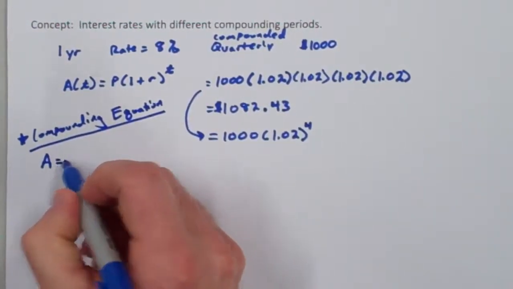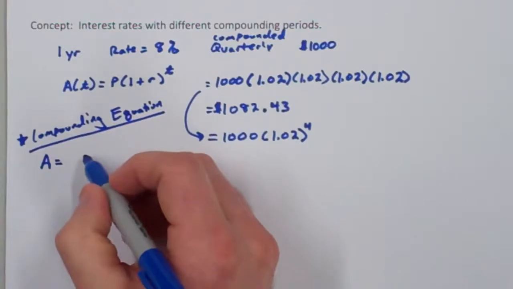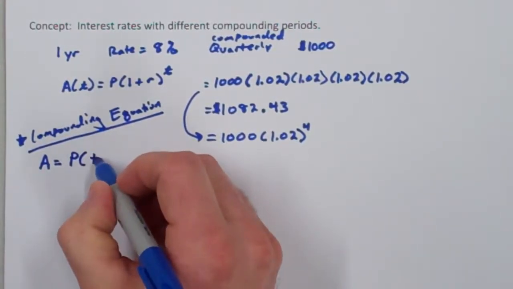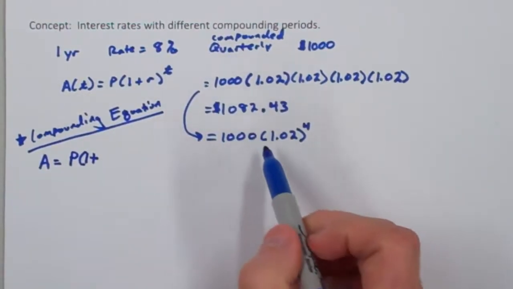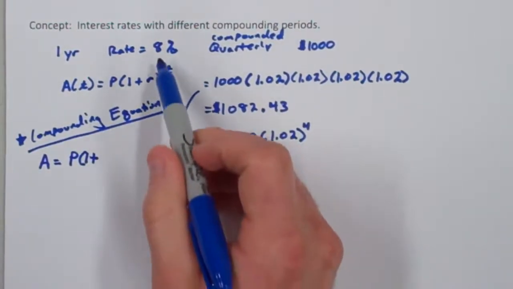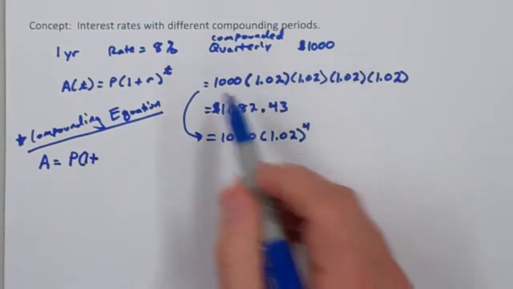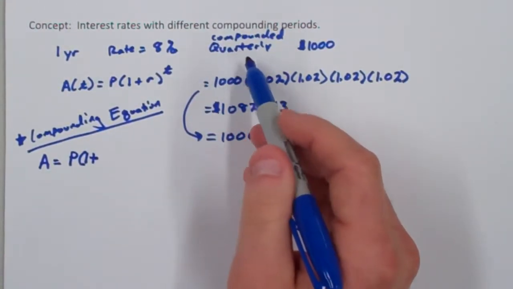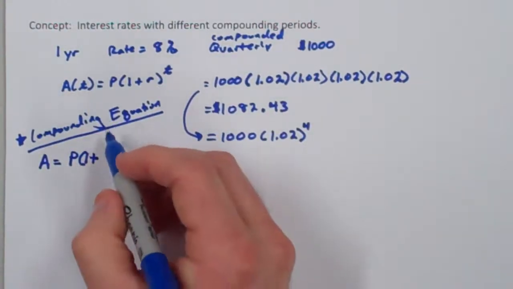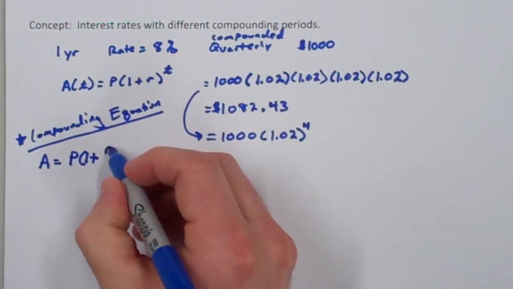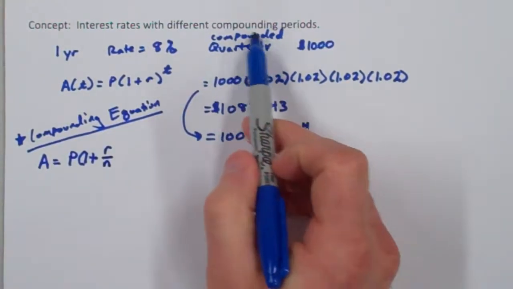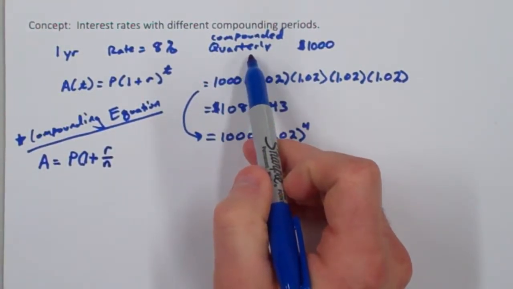A is equal to the ending amount, the principal times 1 plus, and in this case it's not 8%, it's actually 8 divided by 4 because we're compounding quarterly here. So we're going to take this rate and divide it by some number n, and n is totally related to this compounding period right here.